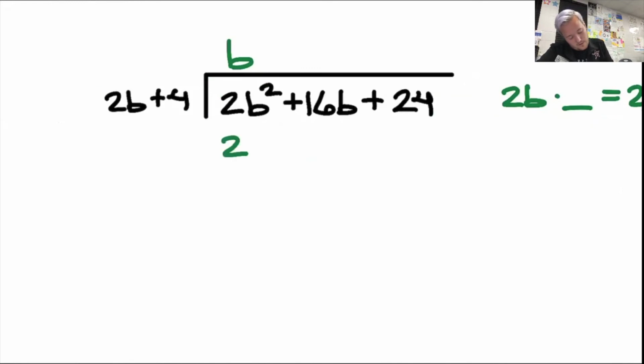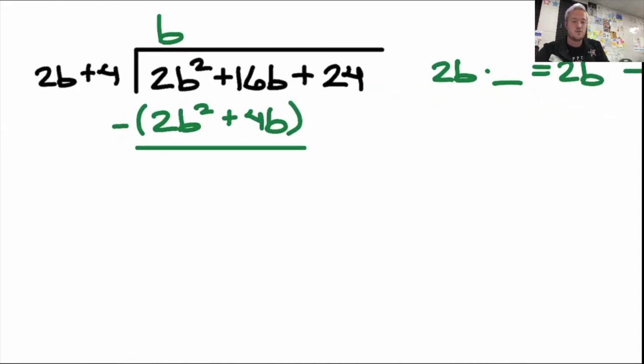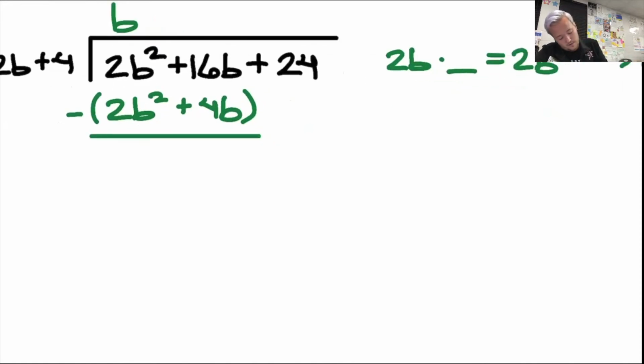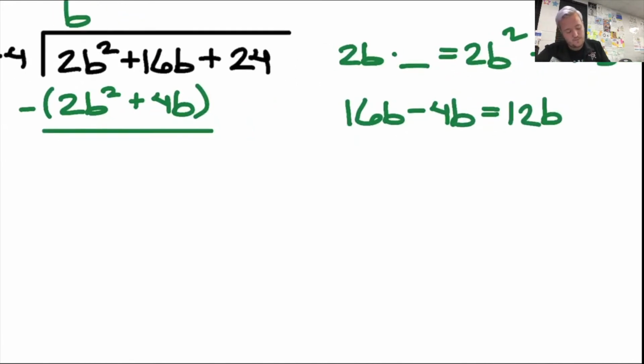So I'm going to have 2b squared plus 4b. And then I'm going to subtract. So 2b squared minus 2b squared gives you 0. So then I'm going to do 16b minus 4b, which gives you 12b.